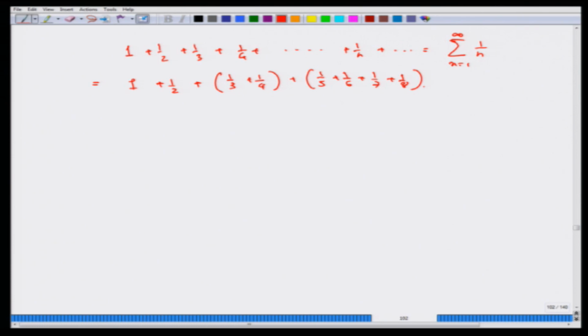So you group up to 4, and the next group is up to 2 cubed; here the group ends at 2 to the power 1, here at 2 squared, then 2 cubed, then 2 to the power 4, that is 1/9 plus 1/10 plus and so on. If you look at this, what does it become? It becomes bigger than 1 plus half plus, you see 1/3 is bigger than 1/4, so it is 1/4 plus 1/4, that is half.